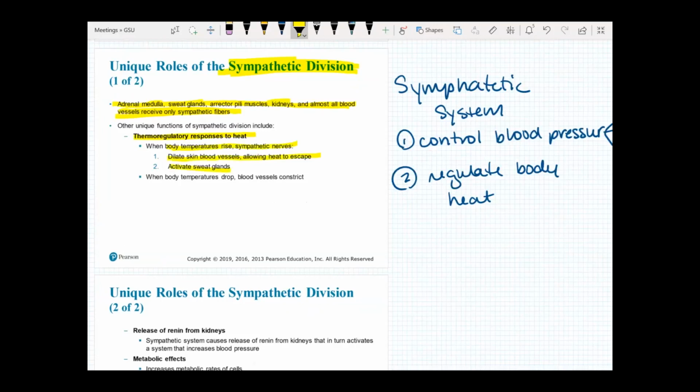We talked about that in the homeostatic mechanism in chapter 1. So this is the division that is controlling that, the sympathetic division. When you increase your body temperature, you will end up decreasing your body temperature, and you do that because you are going to sweat, because your sympathetic division is dilating your blood vessels.